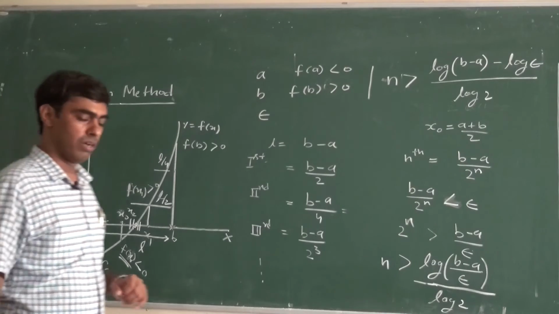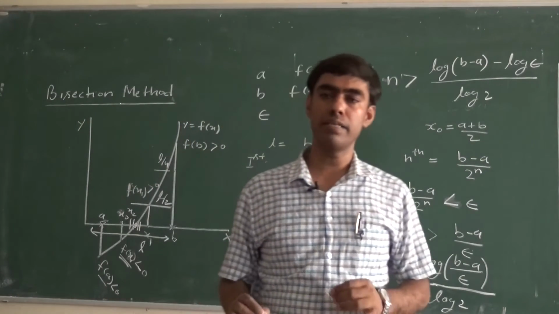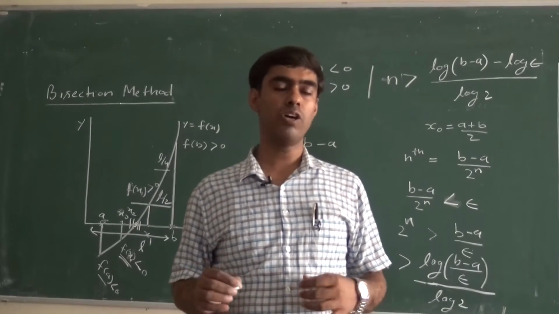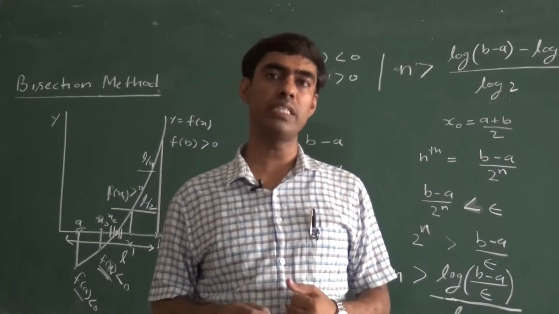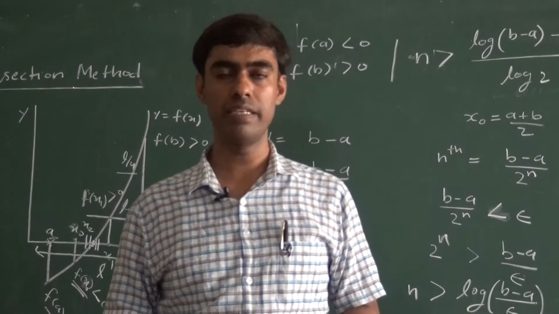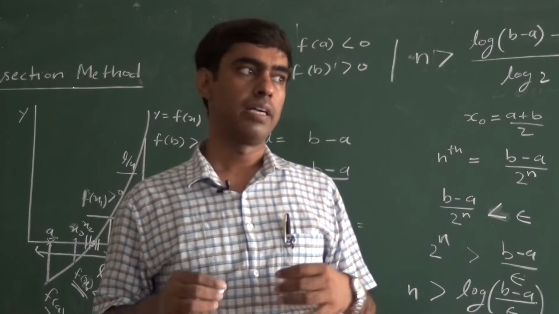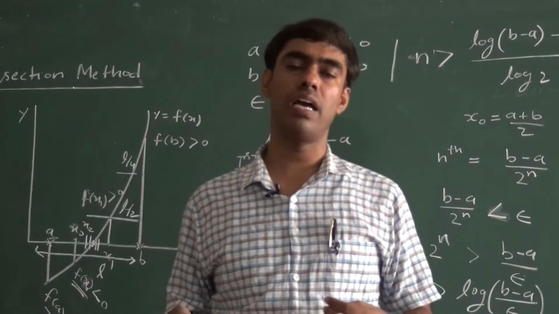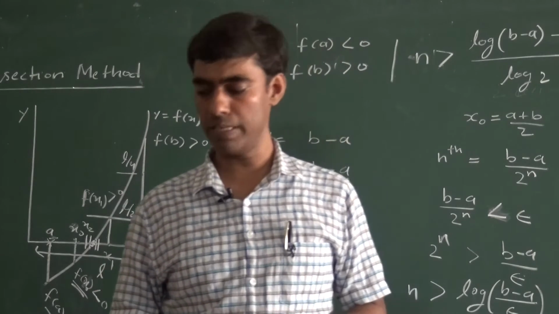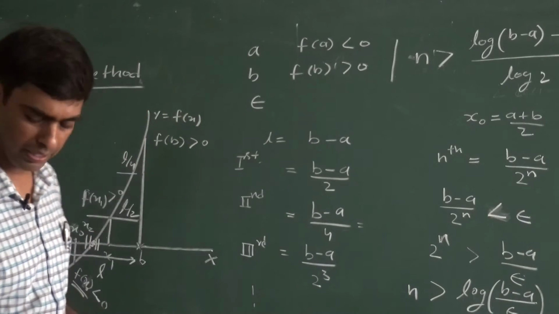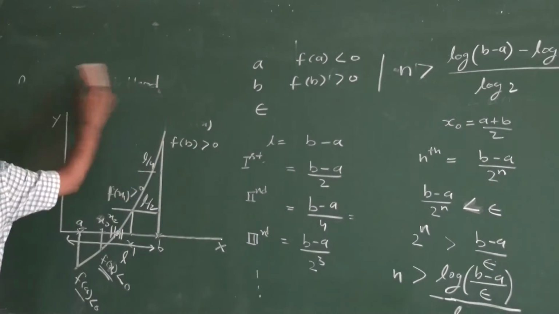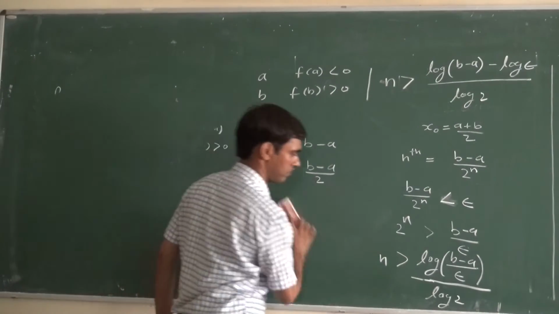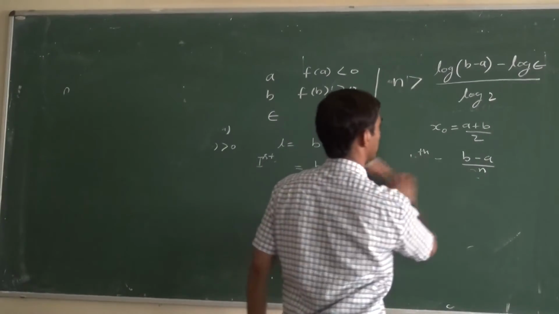Now we consider examples of the bisection method. First we consider how we solve an algebraic equation with the help of the bisection method. Then we take another example of a transcendental equation and try to solve it with the bisection method.